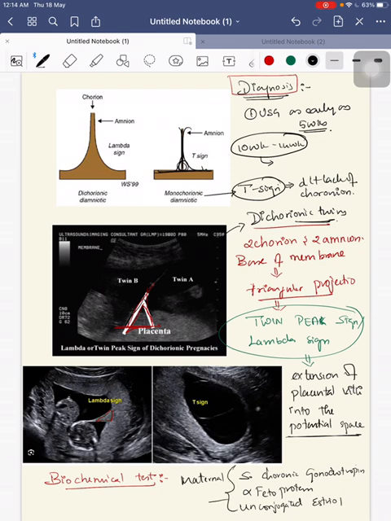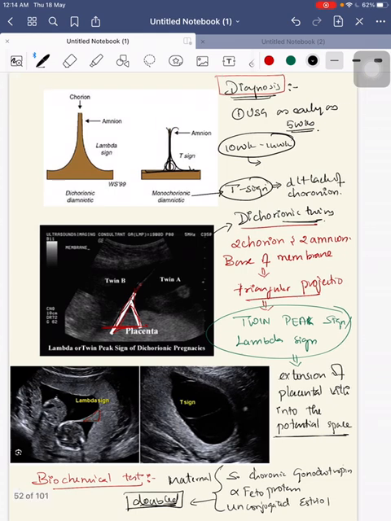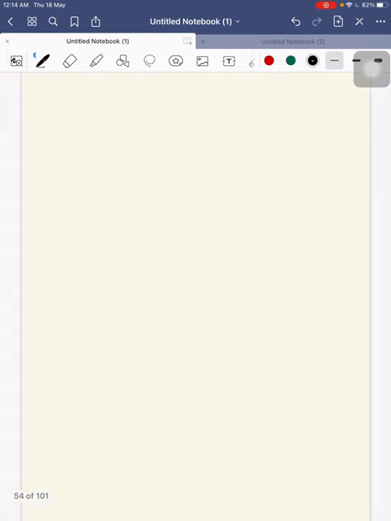All of these will be doubled compared to those of singleton pregnancy. This is the biochemical test, but it is not very significant for multiple pregnancy. Next, we'll move on to the fetal and neonatal complications.